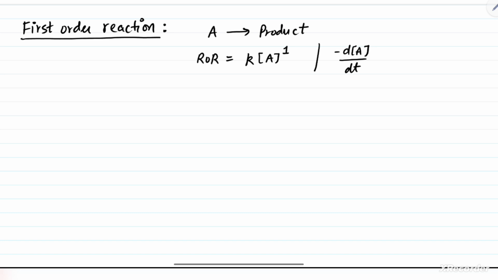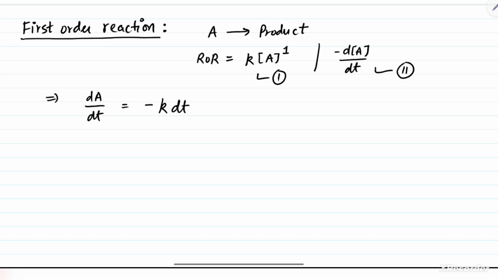Since these two values are equal because they represent the same thing, I will put them as equal. So this will be dA by dt, and the negative sign I have transferred to this side, so this will be k dt.